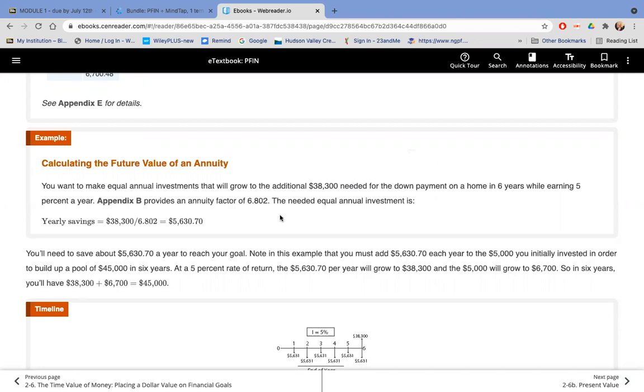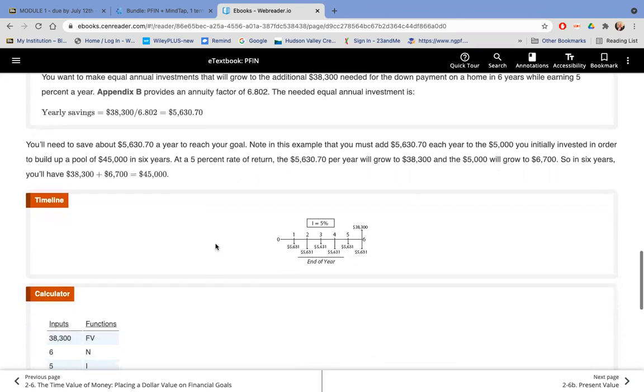The factor 6.802 is simply the intersection of the 6 year period at 5%. So if you need $38,300, you divide that by the factor of 6.802 and it tells you that you would need to save $5,600 and roughly $31 per year for that entire 6 year period, and you will have your $38,300 that you need in 6 years.